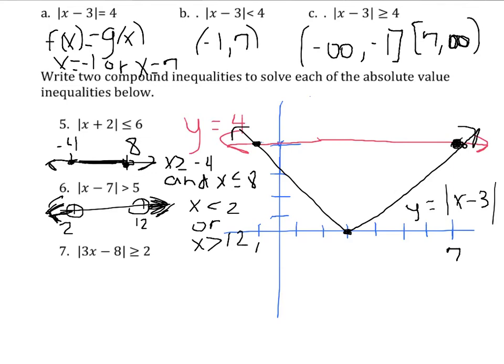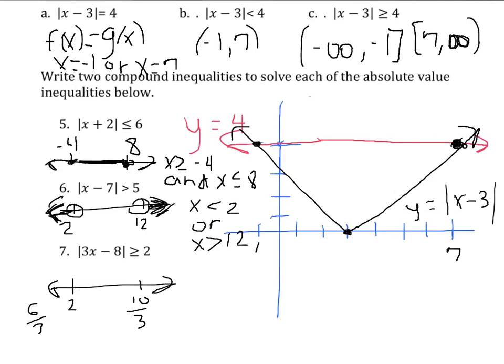And on the last one, you have 2 units from 8 as the first thing you start off with, and then you have to divide both of those answers by 3. So 2 units from 8, 8 plus 2 would be 10, but when you divide that by 3, that's 10 thirds, or 3 and 1/3, or 3.3 repeating. And then 8 minus 2 is 6, divided by 3, you get 2.